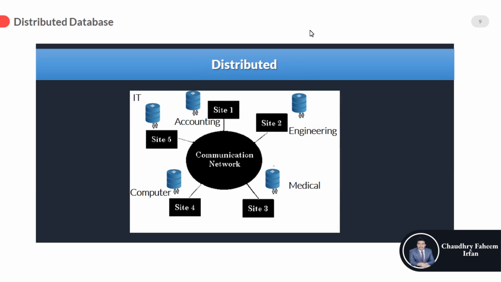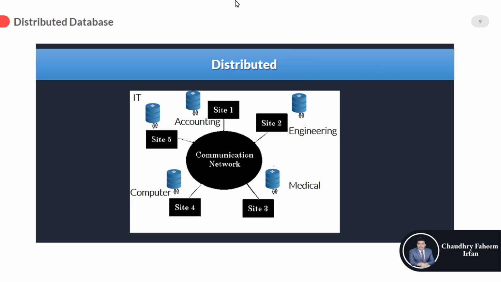Here is our favorite one, distributed database. We know that a distributed database is a set of interconnected databases that is distributed over the computer network or internet. So here is the distributed database model. This is very helpful.